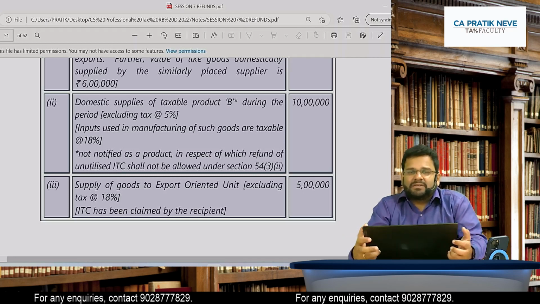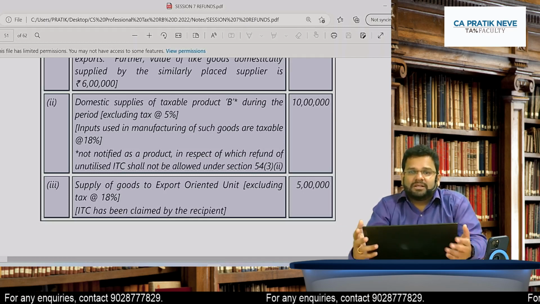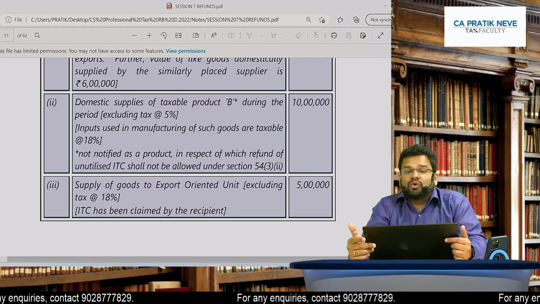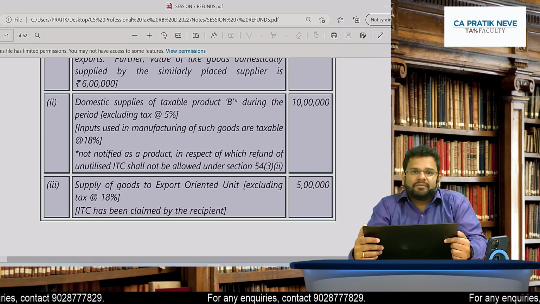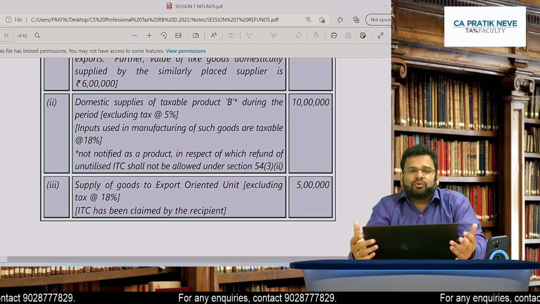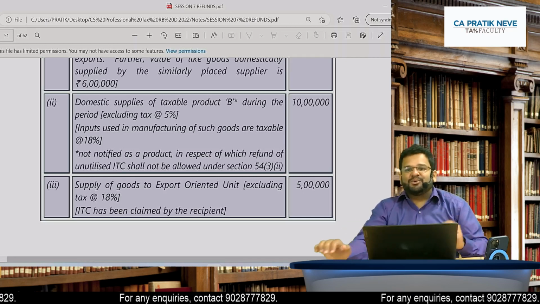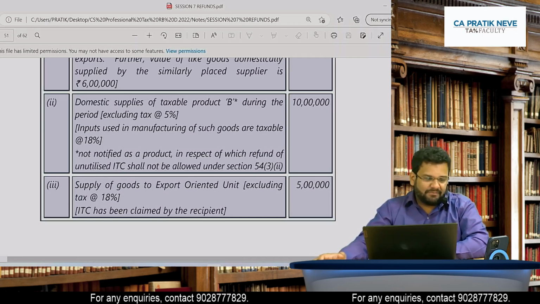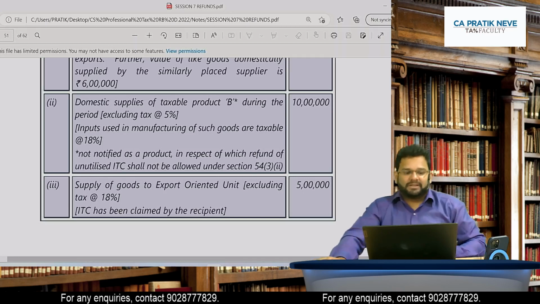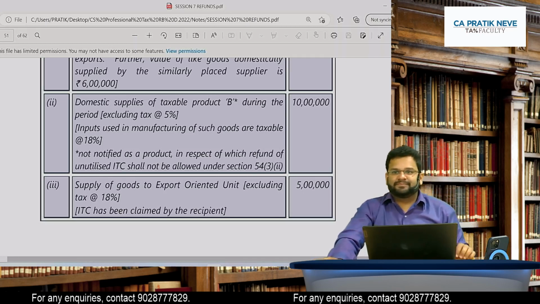So basically inspection, search, seizure, arrest is only about concepts, and then we will go to offenses and penalties, okay, in which I have to give you an overview. Fine, thank you. I'll see you in the last session of these theory topics. Thank you.